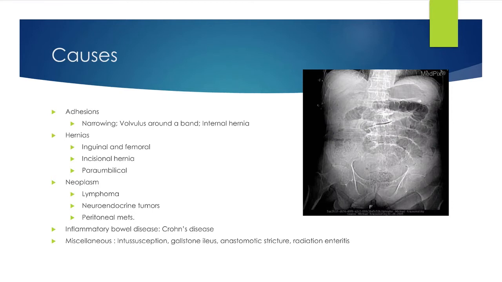And also it could be a malignant deposit from cancer of other organs that lead to peritoneal metastases, whether that's caused by abdominal malignancy or extra-abdominal malignancy such as lung cancer or breast cancer. These are all possibilities.